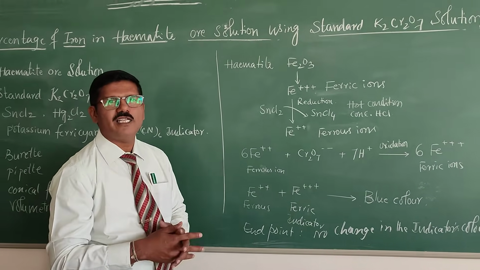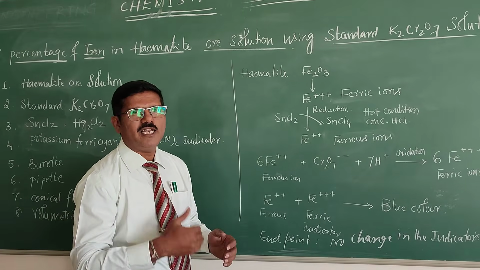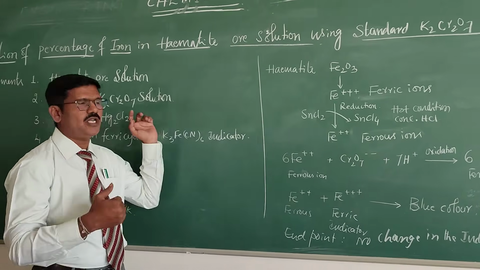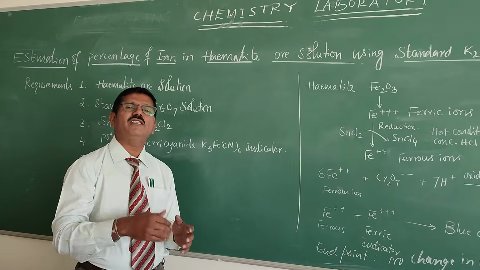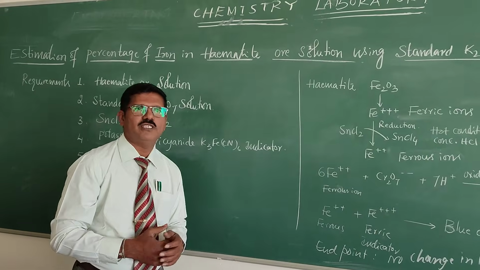That indicates the end point of the reaction. Let us see how to prepare standard potassium dichromate solution and how to estimate the percentage of iron in the given hematite ore solution.